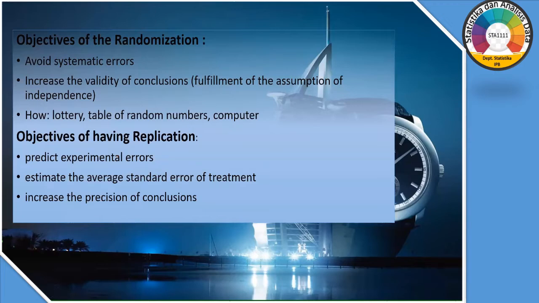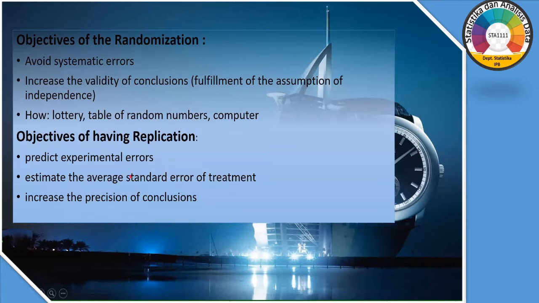The second one is to estimate the average standard error of the treatment. The standard error of the treatment here can be used for estimation. That is the second objective. Perhaps if we don't do an analysis using examples, this will not be very clear, but later in another course, if you learn experimental design, you will understand more about this.